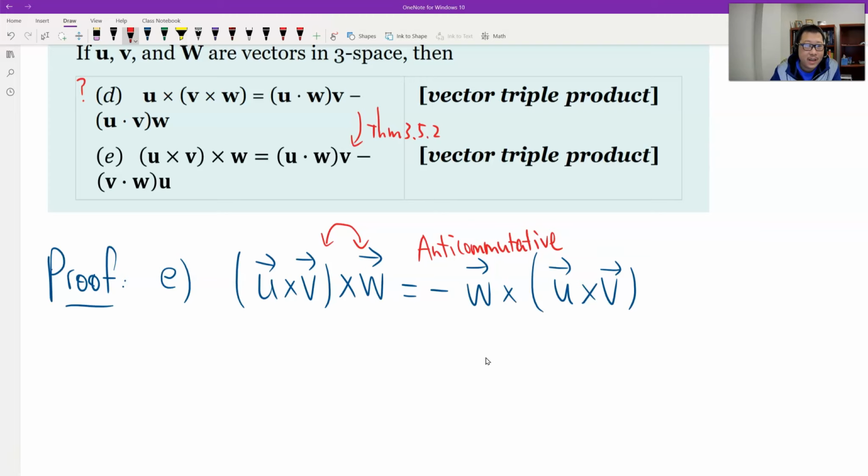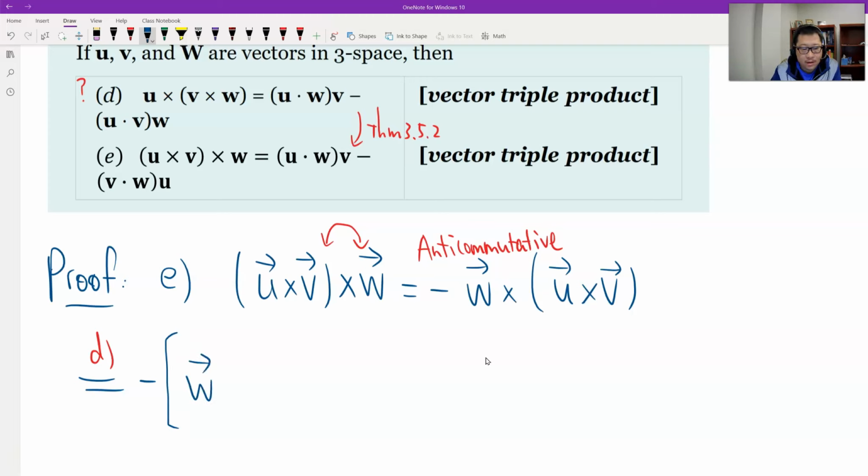And then I can use D, right? So we use D, and see what we get. We use the result of D. So it should be negative, with a parenthesis here.